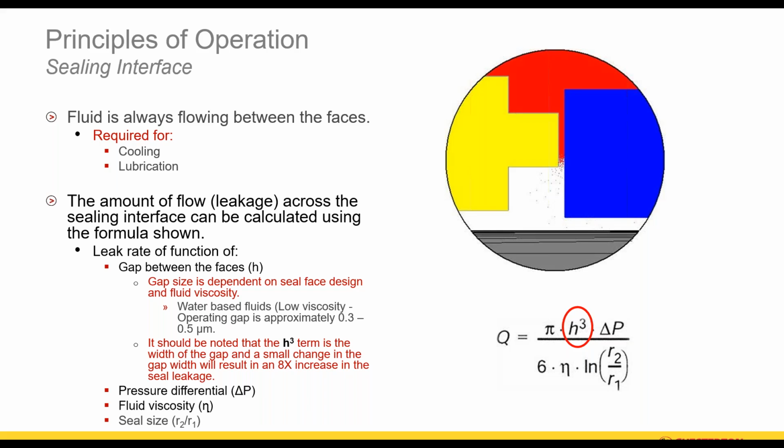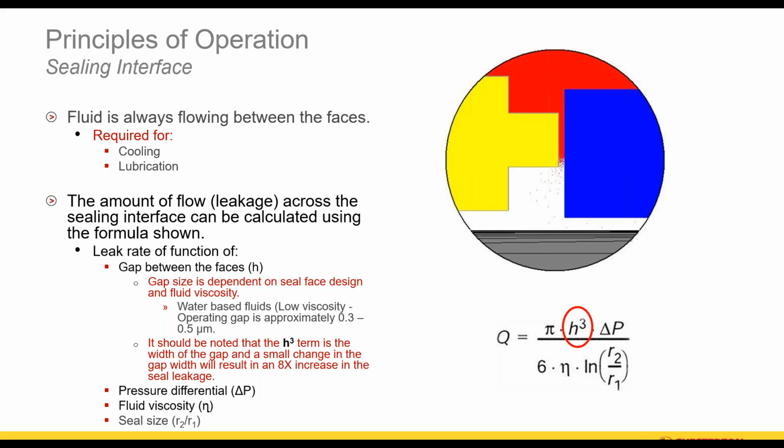The more viscous the material is, the gap will grow because you get more hydrodynamic lift. And then the seal size also plays into the leak rate. This is how we can characterize the leak rate. But the point to take here is it's a very, very small gap between those seal faces, and very small changes can cause leakage to increase significantly.